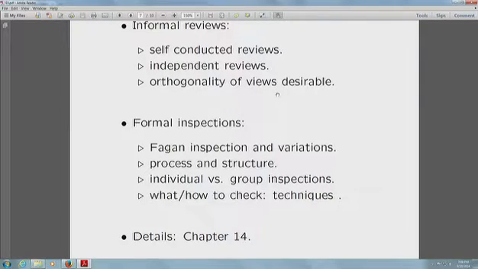So we talked about inspection and defect prevention, and about testing. One of the other things I haven't talked about as much is this: when you do testing, you try to reveal the presence of faults in the system.